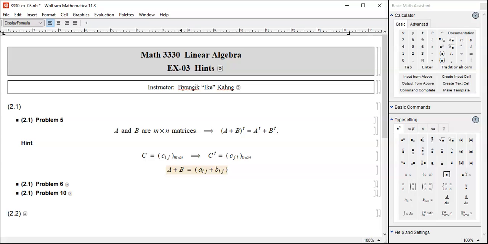Because we are adding up each component. So in general, the ij component of A is added to the ij component of B. And then the size of the matrix is, of course, m by n. And then we have to take the transpose, right? So this should be transposed.